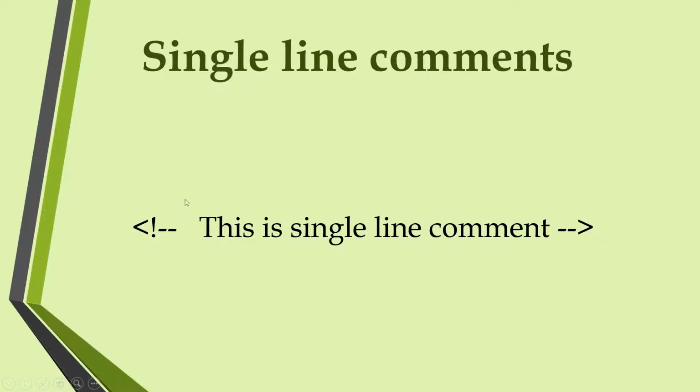If we only want to give, for example, the author name, we can go for this kind of commenting, and this will go only for one single line. Whatever text you give will be in the single line comment.